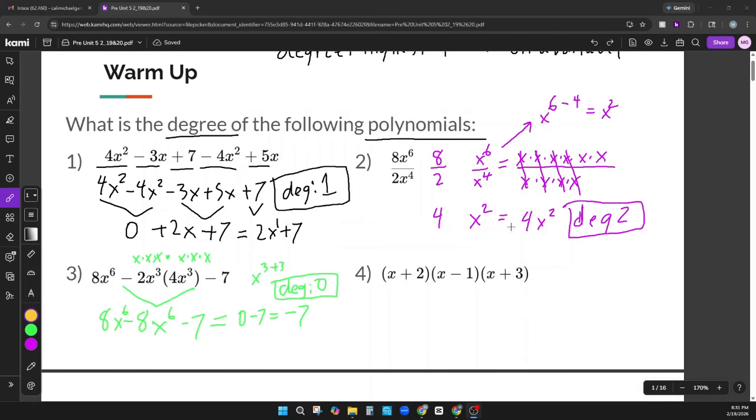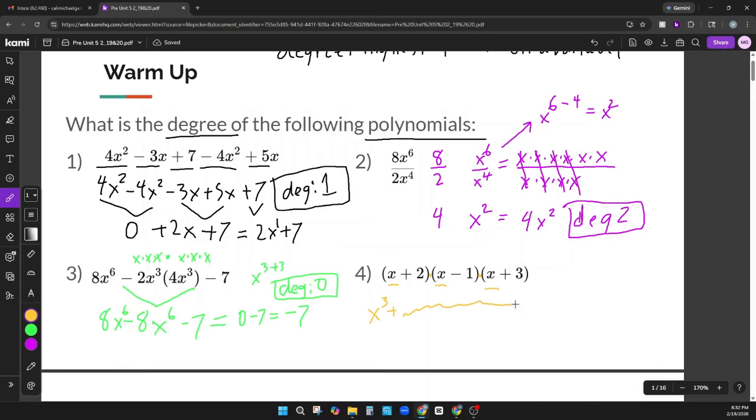In this case, since we're multiplying this parentheses times this parentheses, I know that this x is going to be multiplied with this x, which is going to be multiplied with this x. So no matter what my result is going to be, I know that eventually I'm going to be multiplying all my x's together, which means that I'm going to get some value of x to the third plus something when we multiply the rest of that out.